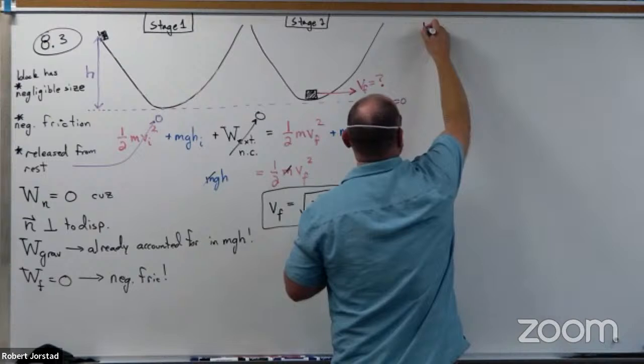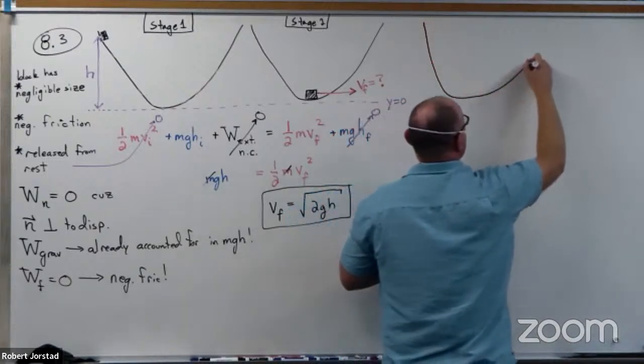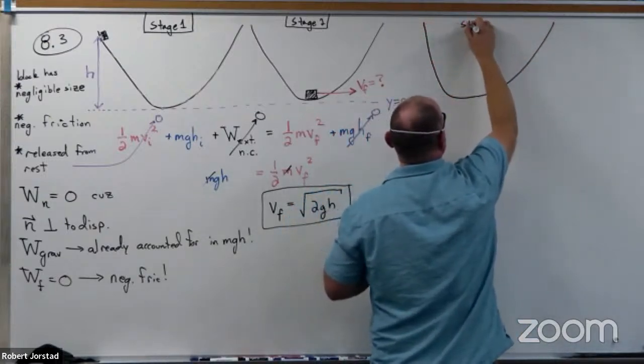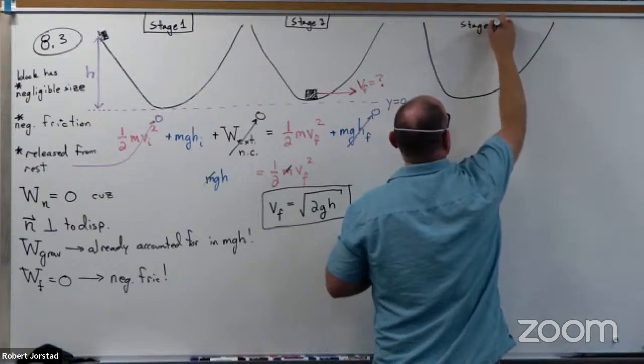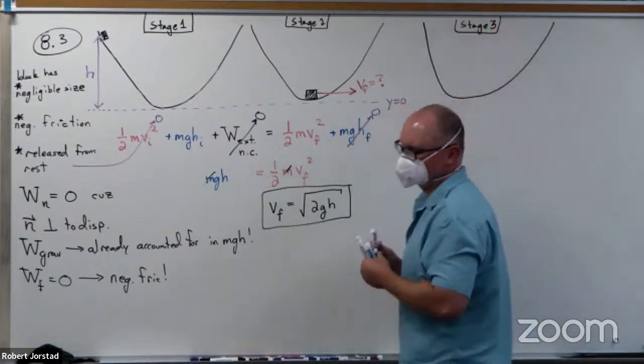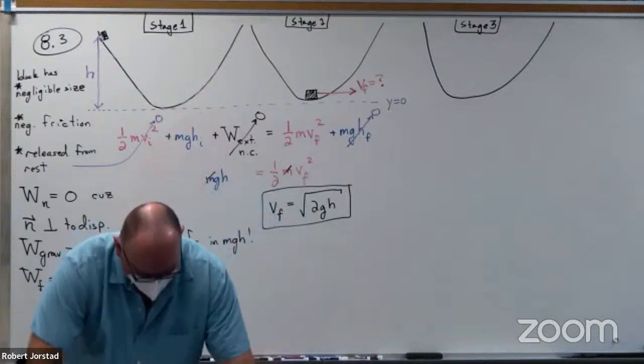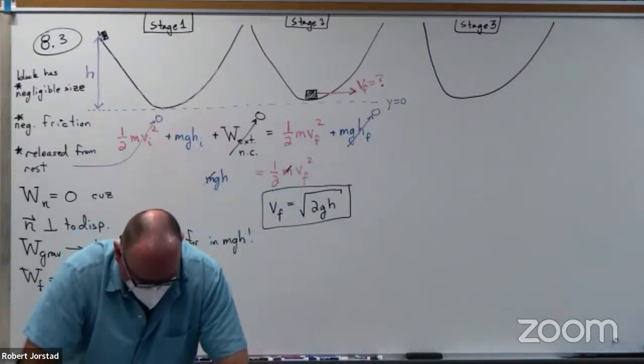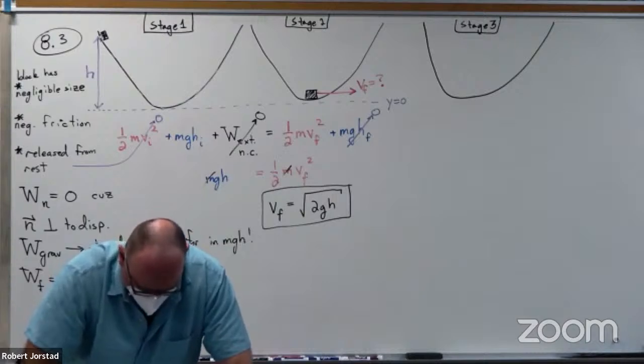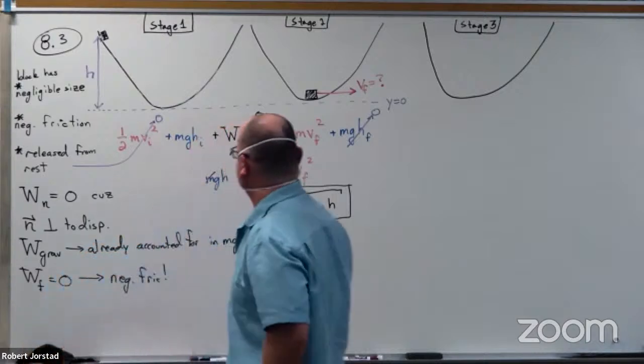I'm going to draw a stage 3. I'm looking at the next part of the problem. At what height above the ground does the block have half of its max speed? Oh my gosh.